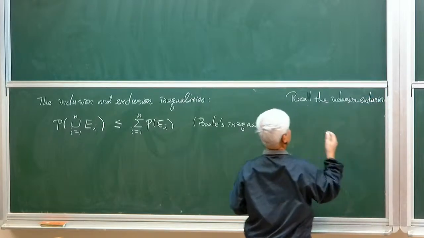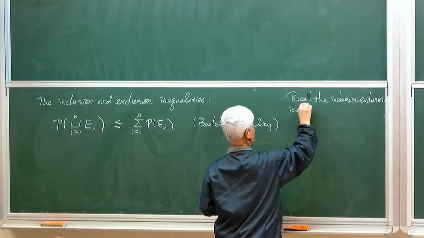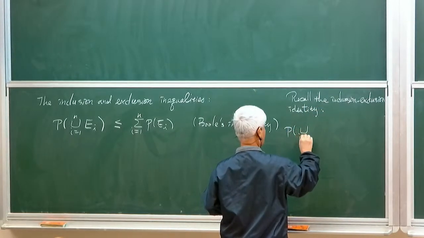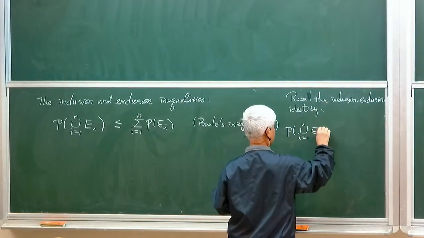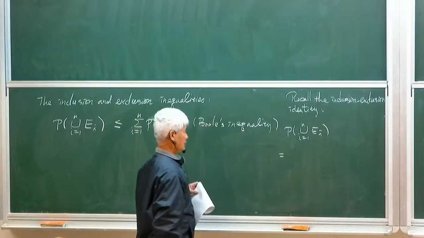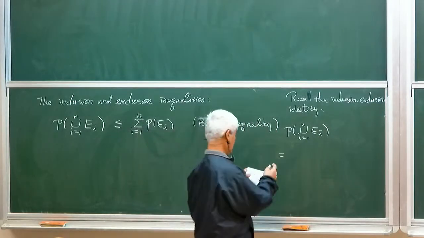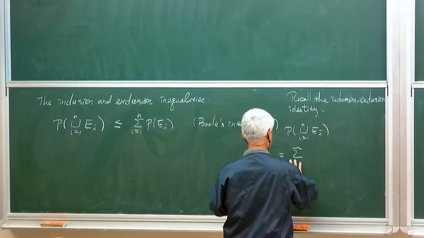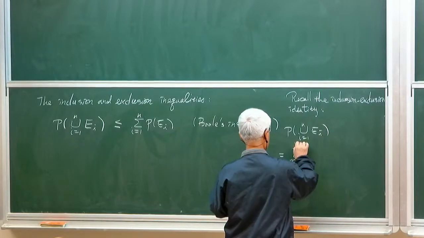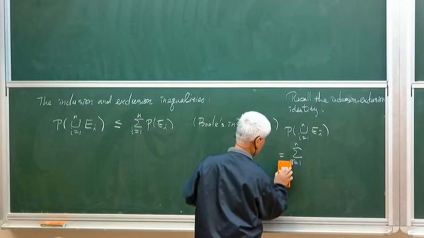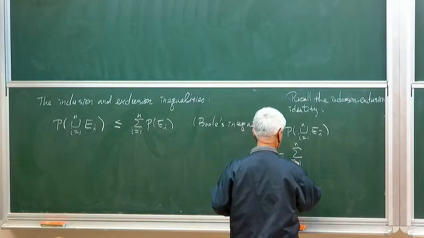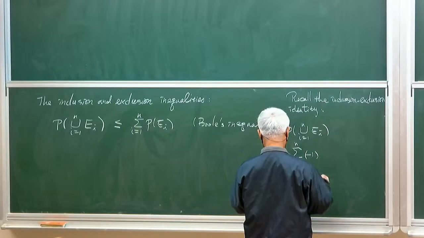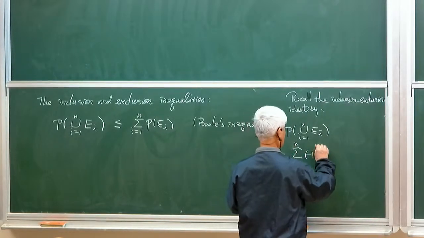So indeed we can express the probability of this union by a sum. We use a dummy variable r, and r from 1 to n.